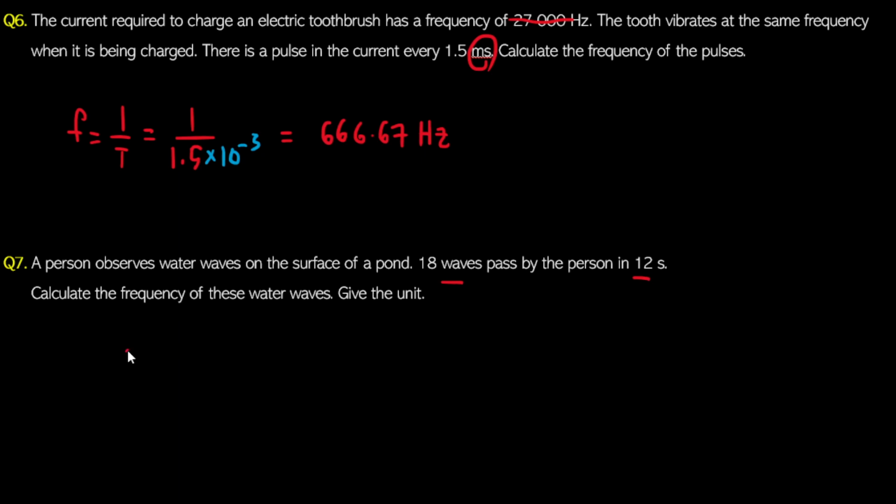So the frequency would be your number of waves divided by your time period. It is going to be 18 waves divided by 12. 18 divided by 12 in the calculator would give you 1.5, and the unit of frequency would be Hertz.